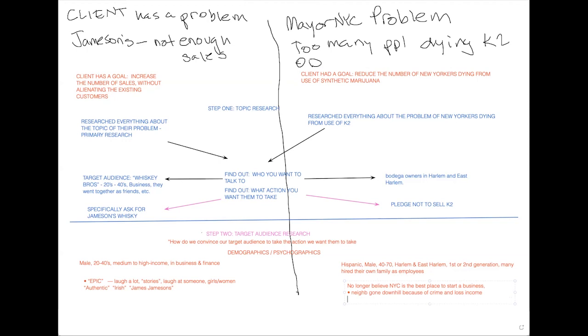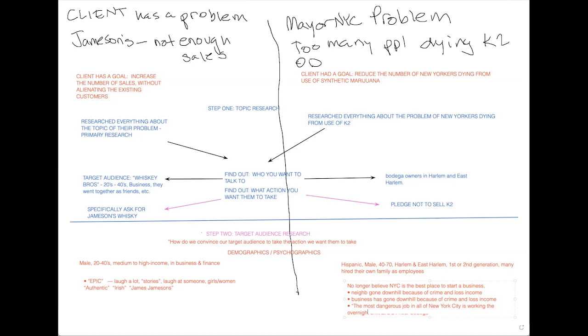They agreed that their business has gone downhill because of crime and loss of income. They also, something like 89% of them, agreed with the statement, the most dangerous job in all of New York City is working the overnight shift at a 24-hour bodega.